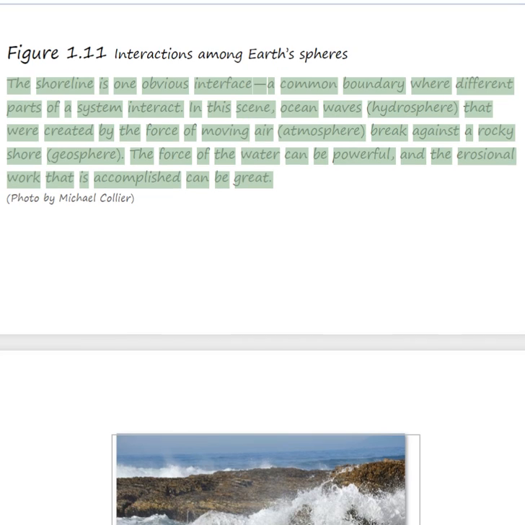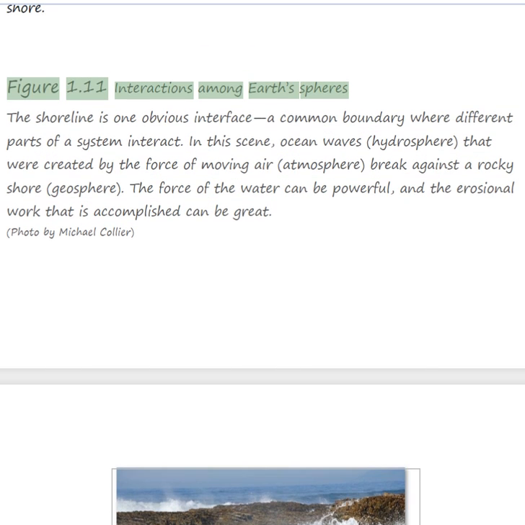The shoreline is one obvious interface, a common boundary where different parts of a system interact. The force of the water can be powerful, and the erosional work that is accomplished can be great. Figure 1.11 Interactions among Earth's spheres.